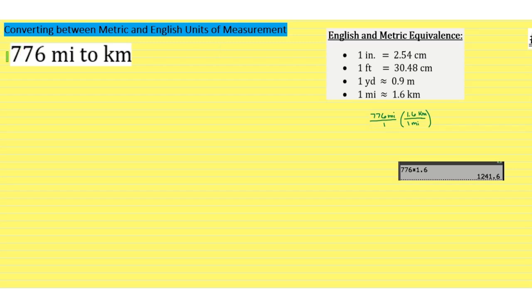For our next problem, we're going to convert 776 miles to kilometers. Again, let's look over here at our English and metric equivalence chart, and we need miles and kilometers. Okay, so we've got an equivalence right there. So that is where we're going to get our conversion factor.